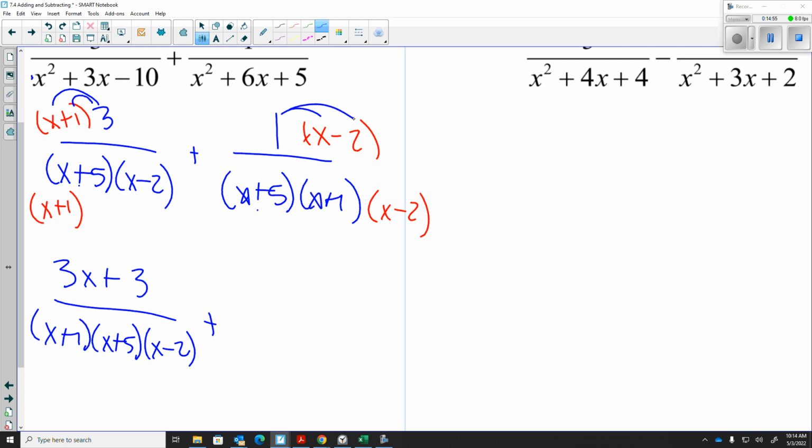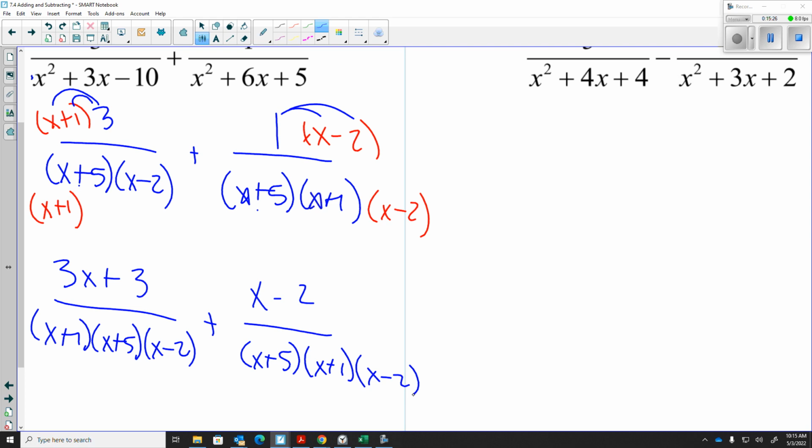X minus 2 over that whole thing. x plus 5, x plus 1, x minus 2. Are these denominators the same? But they're out of order. Does that matter? No, not when you're multiplying, right? As long as it's the same 3 factors, you're good. They're the same. Doesn't matter the order.